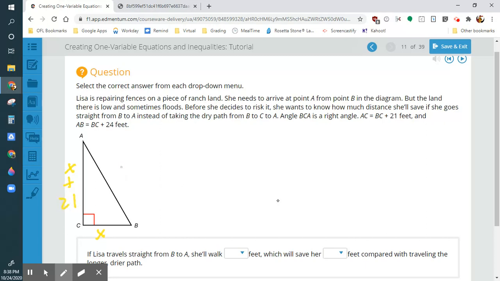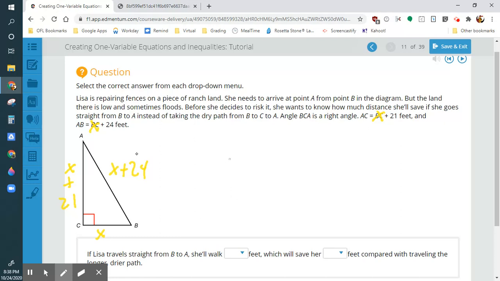And she wants to figure out what this is right here. We have no idea what this is. We just know that it's whatever this is plus 24. So we're going to erase this, and we're going to say BA is equal to X plus 24. I'm just replacing all of these BCs with X's just to make this a little easier for me.